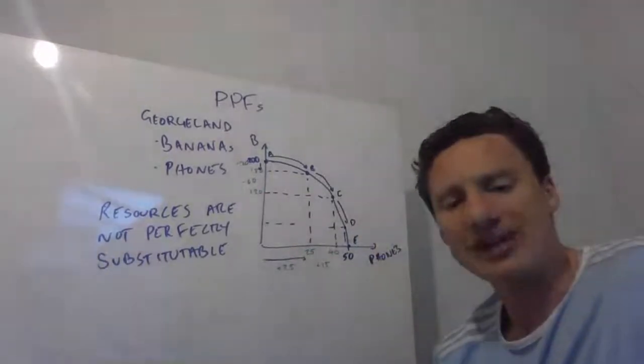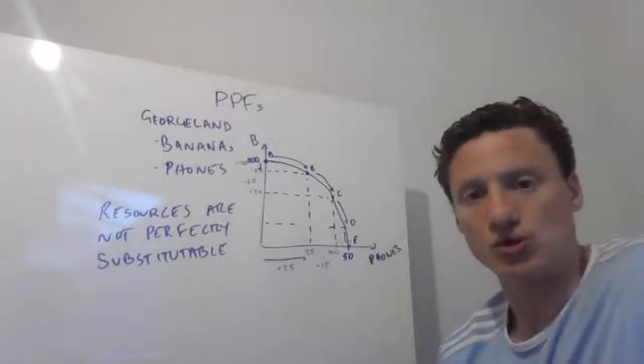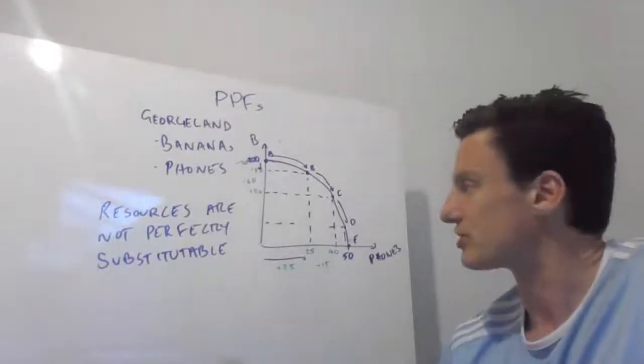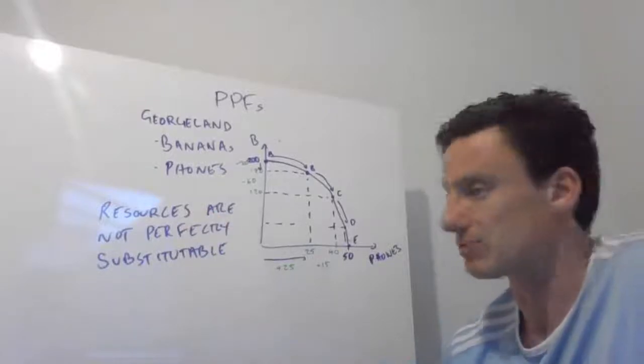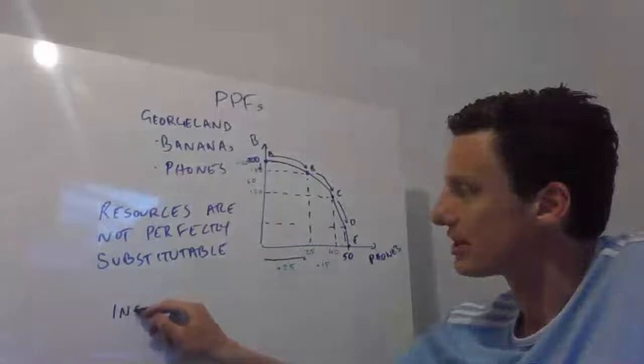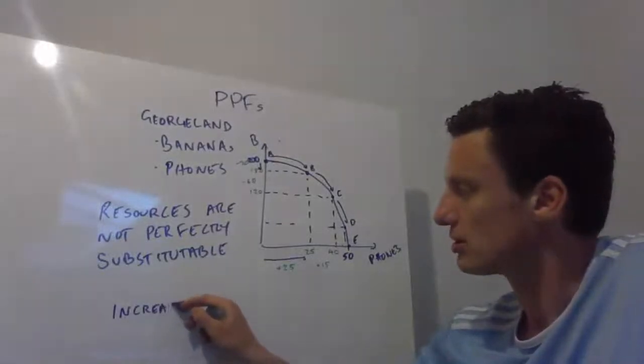So that's why the PPF is drawn as a curve, because of this resources not being perfectly substitutable. Basically, there is an increasing opportunity cost.